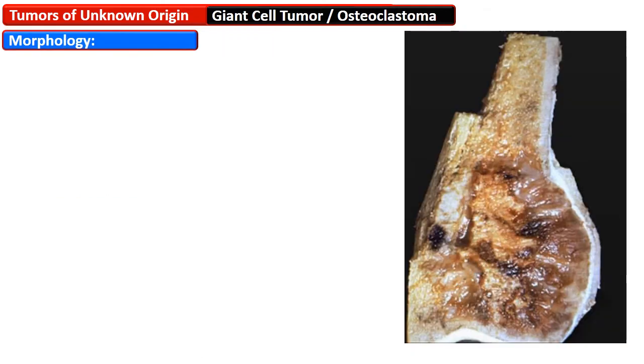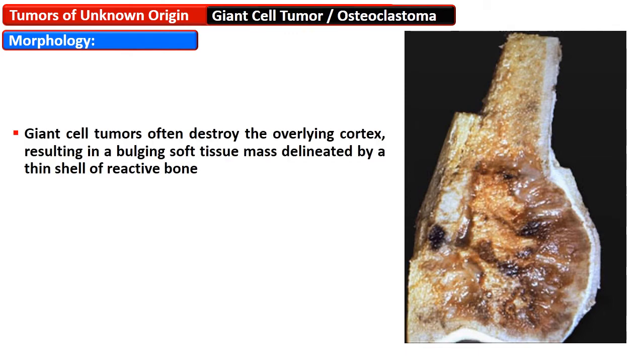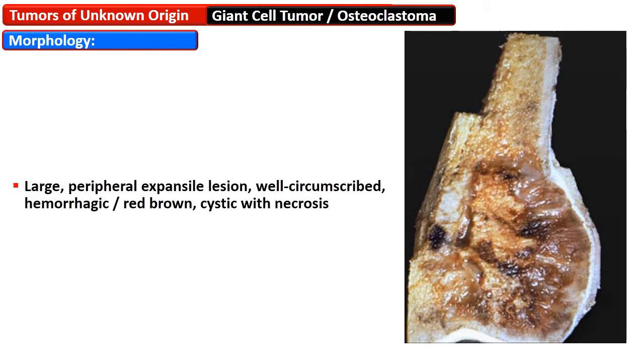The size of the giant cell tumor or osteoclastoma is variable. The giant cell tumor is a destructive lesion, so it destroys the overlying cortex, resulting in a bulging soft tissue mass that is delineated by a thin shell of reactive bone. When sufficiently large, it may present with a pathologic fracture.